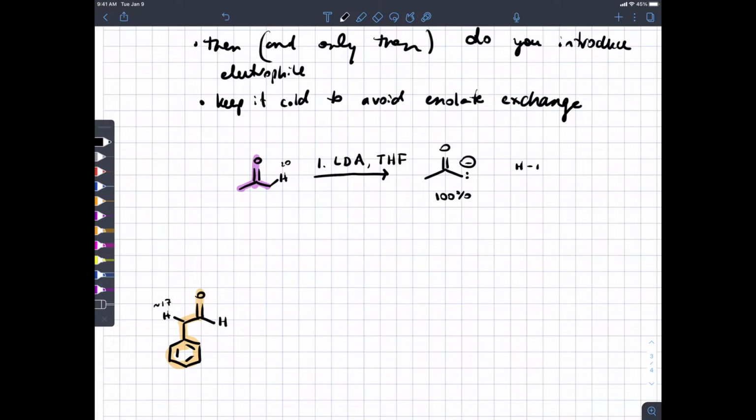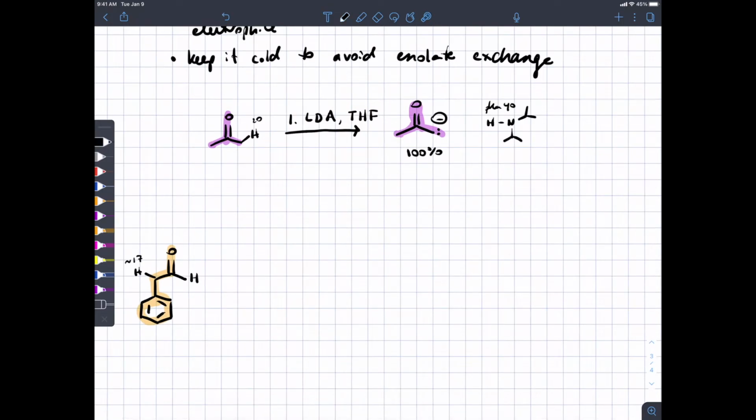And this is the conjugate acid of LDA, and remember its pKa is around 40. So it's really 100% of this enolate. And again, that deprotonation happens so fast that the purple enolate never sees unreacted purple starting material. So the self-aldol is not a problem.